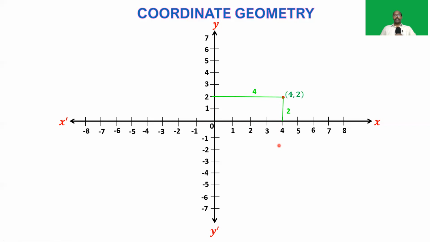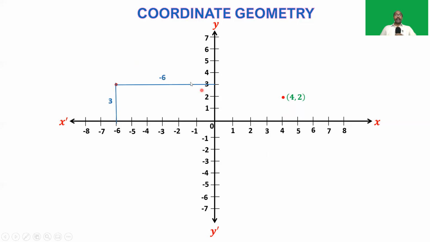Okay. So by dividing the plane into parts with coordinate axes, we can determine the position of any point like this. So take one more point here. Now this point is 6 units away from the y-axis and 3 units away from the x-axis.